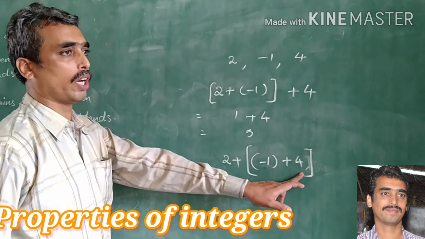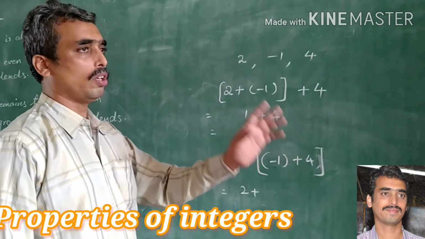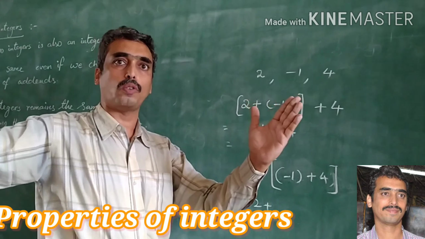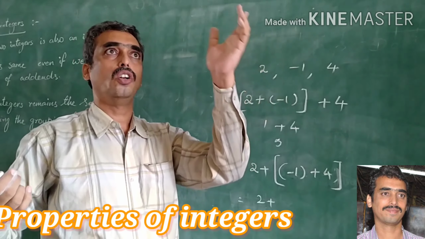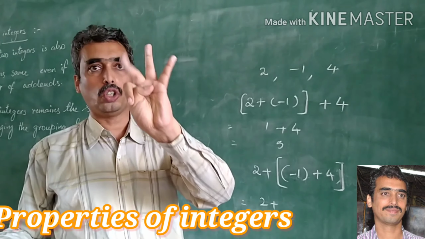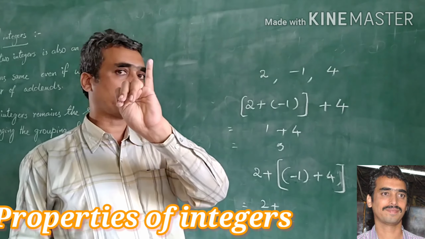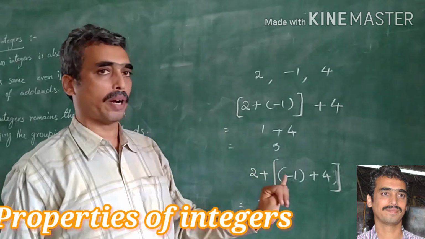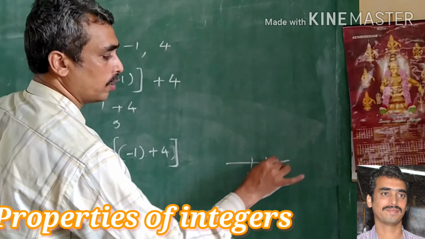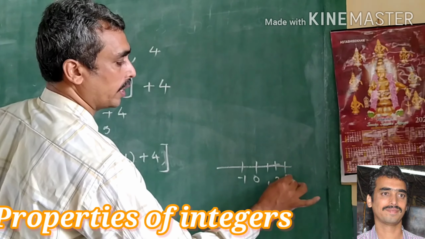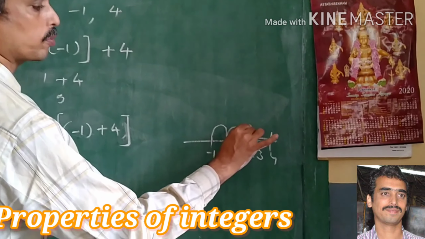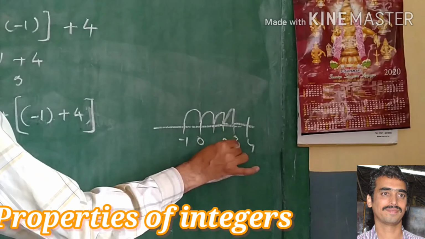Now coming to this, 2 plus, this will not change. -1 plus 4, this we have to add. So first go to -1. From there, move 4 steps towards your right side. From -1, 0, 1, 2, 3. After moving 4 steps to the right side from -1, where are you reaching? 3.